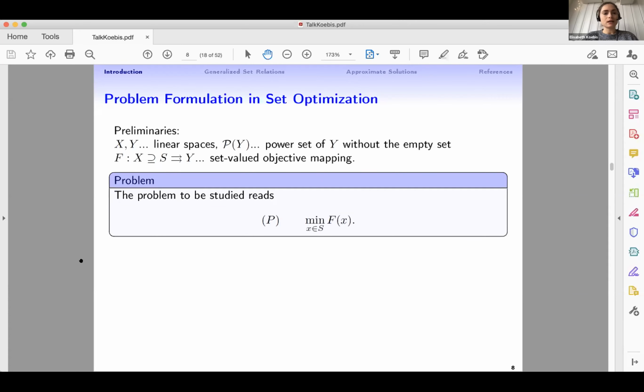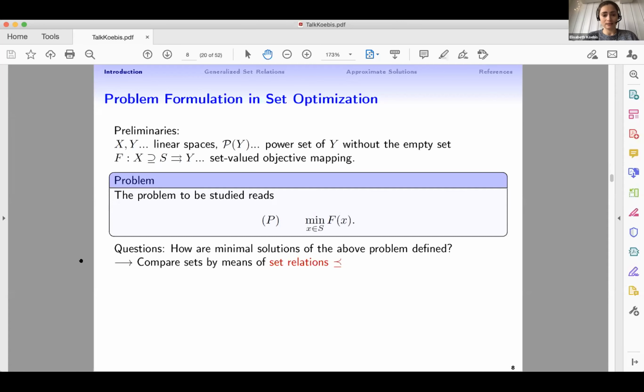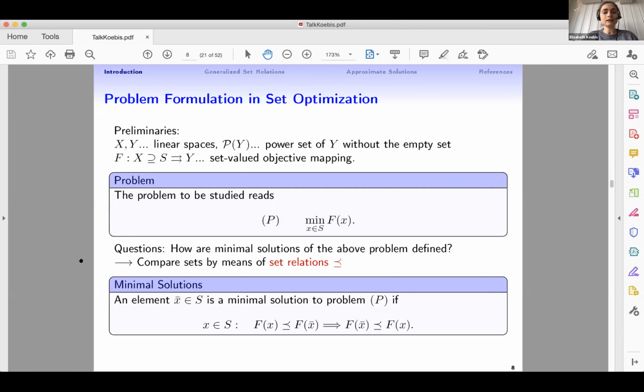So now, of course, because we are working in the power set of Y, we do not have a total order. So now we need to define what optimality means in this case. So the question is, how are minimal solutions of this above problem defined? And the idea is to compare sets by means of set relations. And these set relations are given by this notation here.